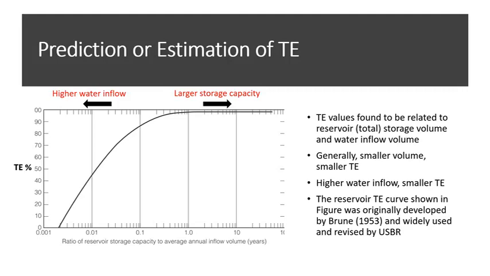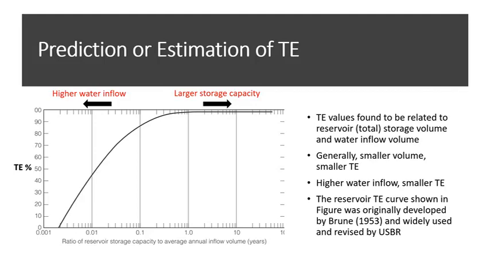So this means that the higher the water inflow entering the dam, the lower the trap efficiency you essentially get. You can imagine that when you have a high water flow, you're essentially flushing the dam easily, and it's easily flushing out all the sediments as it flows.